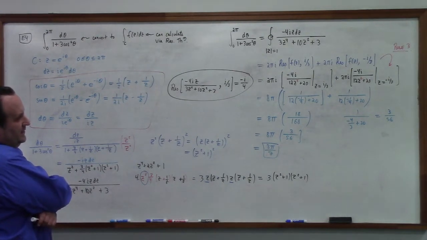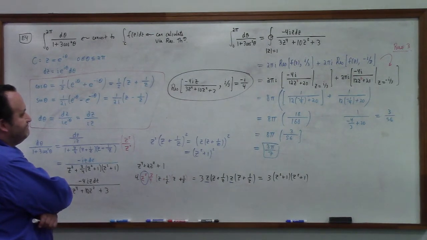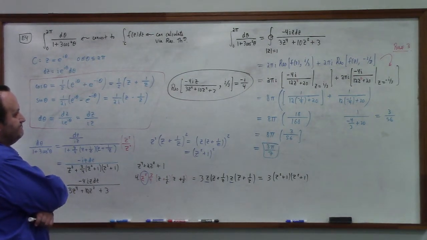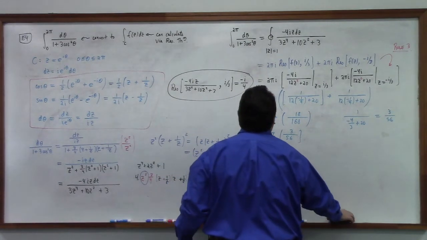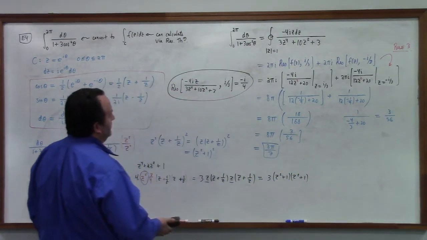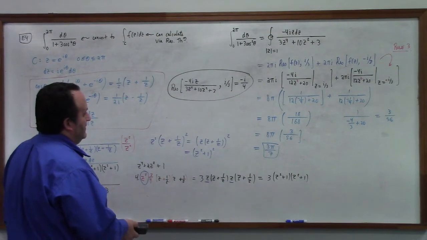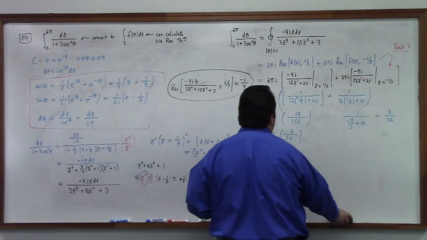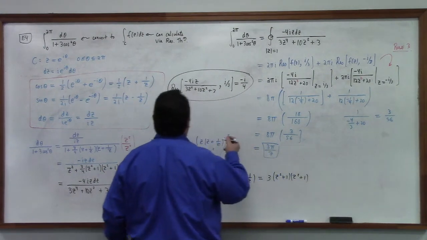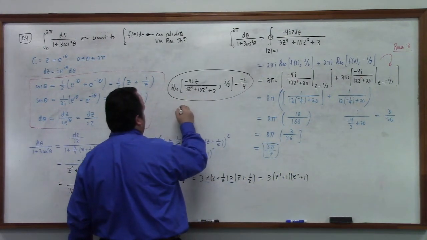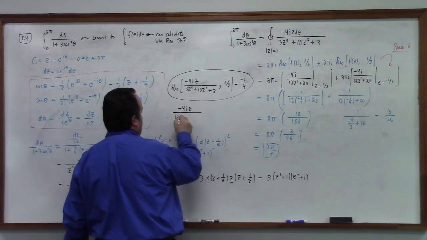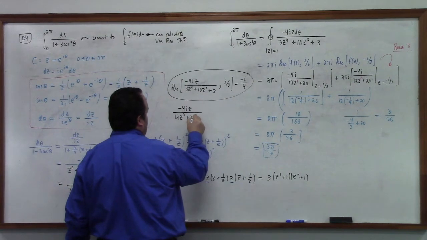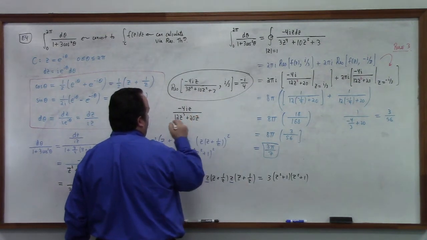So I wonder what we did wrong is the thing. It's really bugging me. This is supposed to work out. Let me go back to here. So I've got minus 4iz over 12z cubed plus 20z, right?